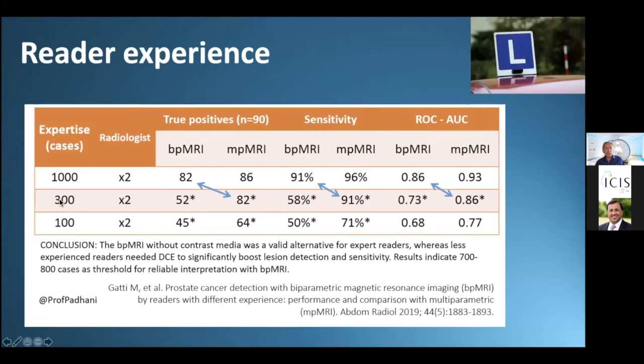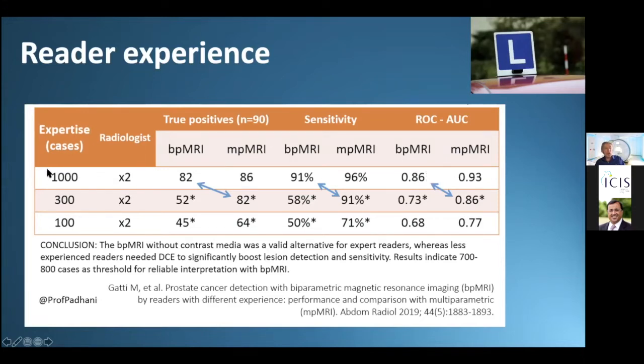Here you can see that if you have expertise reading 300 cases with multi-parametric MRI, you have an area under the curve of 86% already. This is acquired in 1,000 patients if you only read the biparametric MRI.